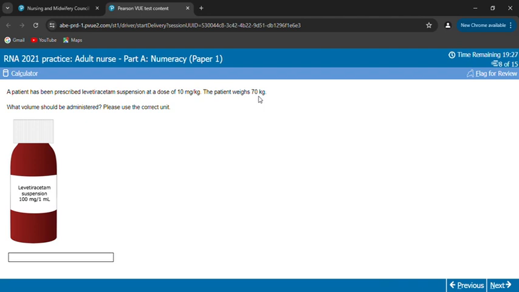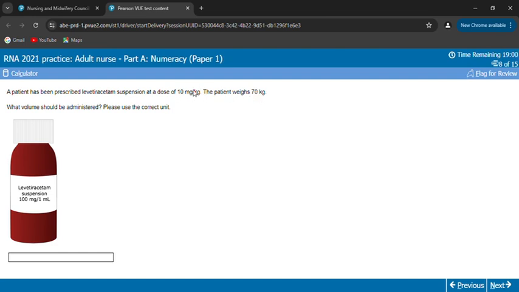First we have to get the weight of the patient, then multiply the dose of the medication by the patient's weight, and then we get the correct dose to administer. Some medications need to be multiplied by the weight of the patient. So how can we solve that?